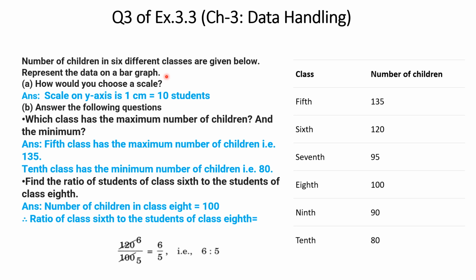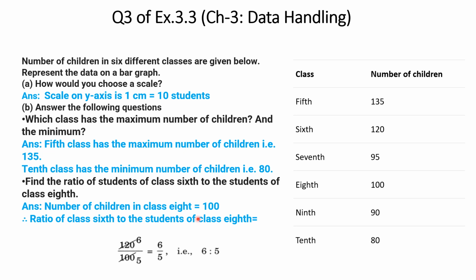Then the next question was which class has the maximum number of children and the minimum. So for maximum, look, where is it? 135, fifth. Minimum is 80, that is 10th. Next, find the ratio of students of class 6th to the students of class 8th. We have to find the ratio. Remember how to write a ratio? So numerator over denominator, right?